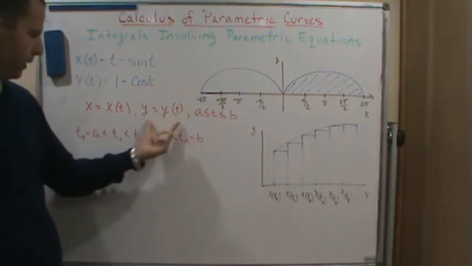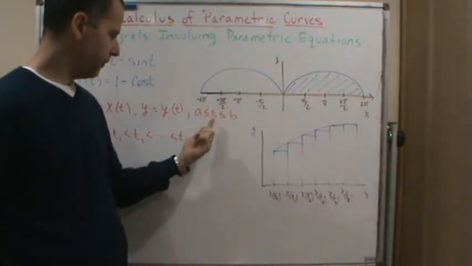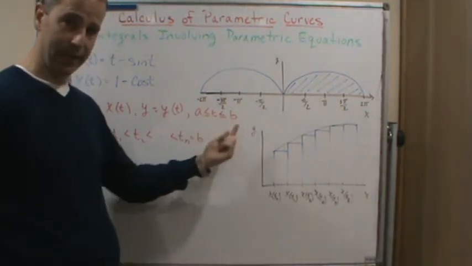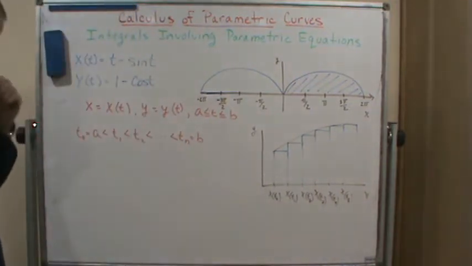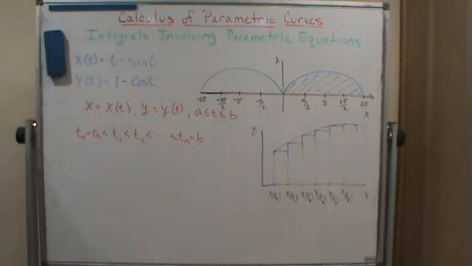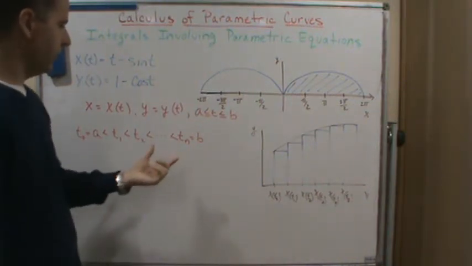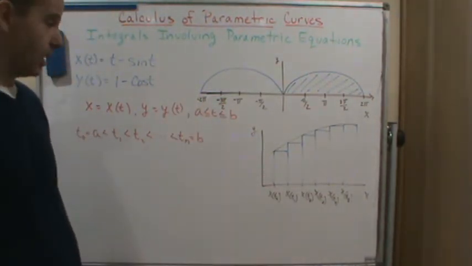Let's say I have two parametric equations over the closed interval a to b for t, and let's say x of t is differentiable. What we do is start by subdividing the interval from a to b into equal subintervals.